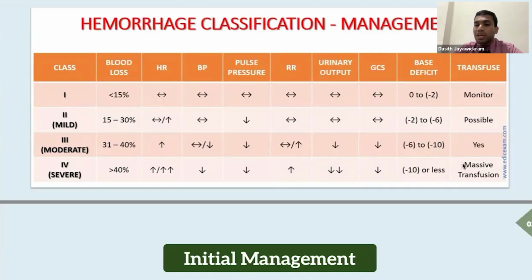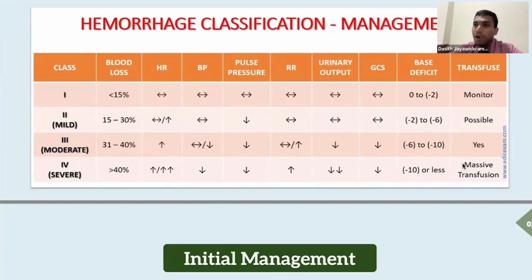The patient might need to go to massive transfusion protocol where we give packed red cells as well as platelets and FFP. Because when we lose blood, along with blood, the plasma is also lost. Along with the plasma, the clotting factors and platelets are also lost.